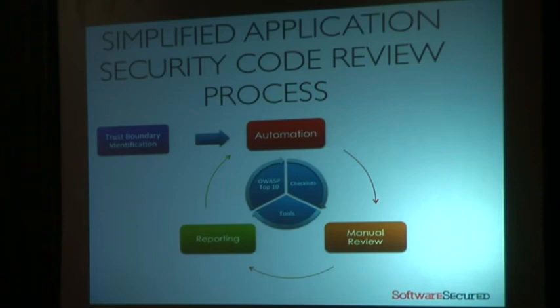The whole process is based on the OWASP Top 10 and checklists, and you can grab checklists from the cheat sheet series. The tools are static code analysis tools; there are free tools out there, we've talked about that, and there are commercial tools.